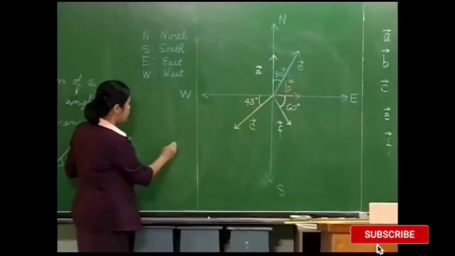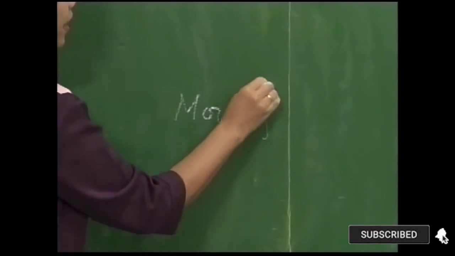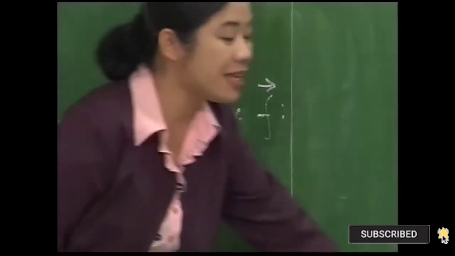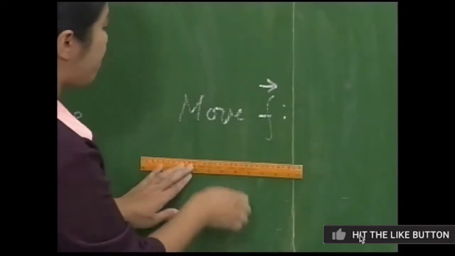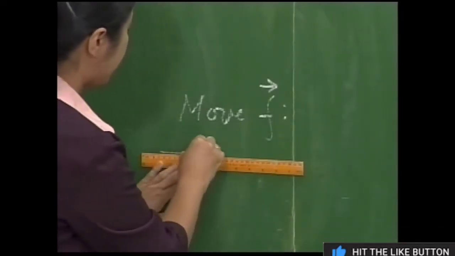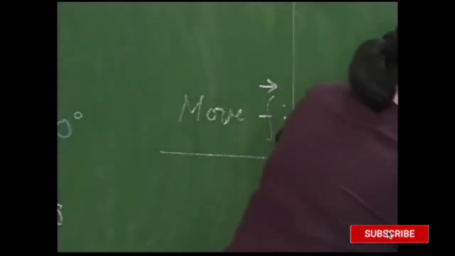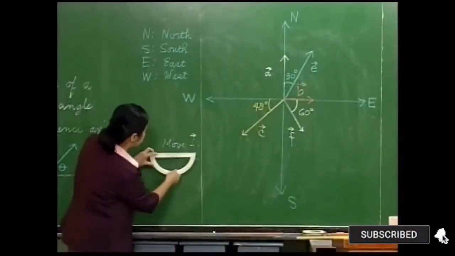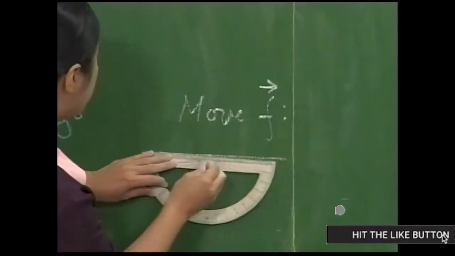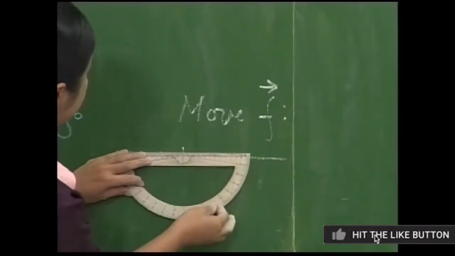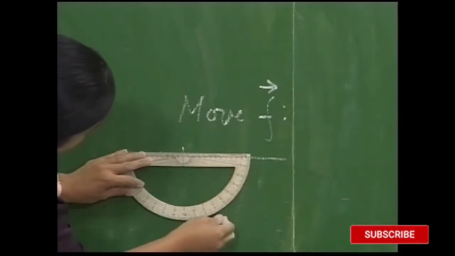So if I were to move f vector, I can draw it provided, if I have a horizontal axis here, I should move 60 degrees. So if I were to draw my vector here, 60 degrees, 10, 20, 30, 40, 50, 60.